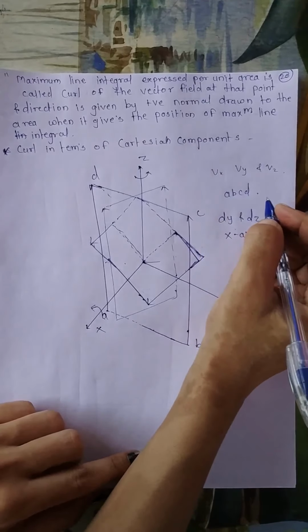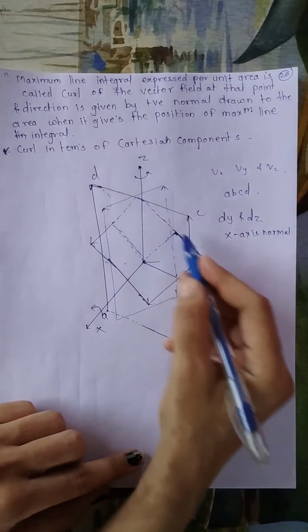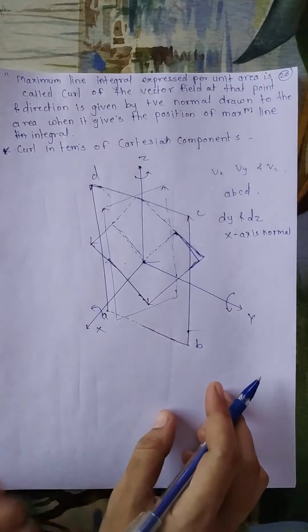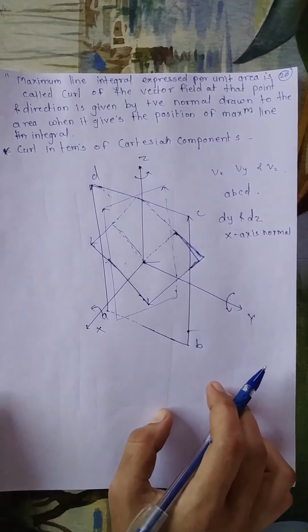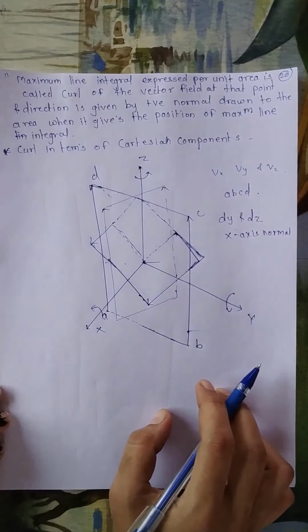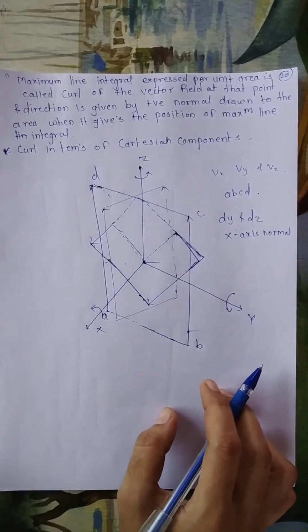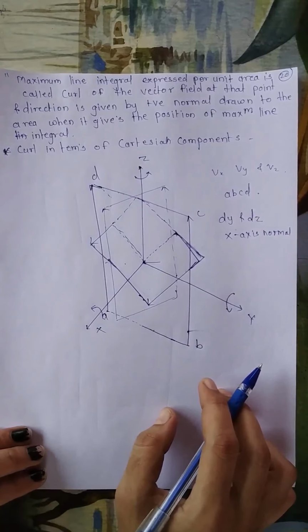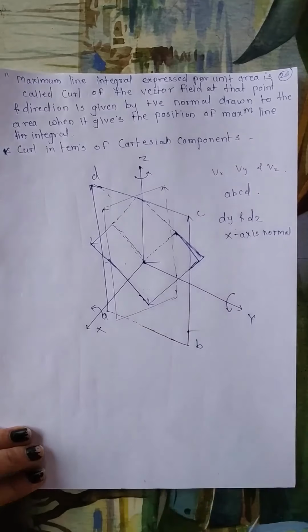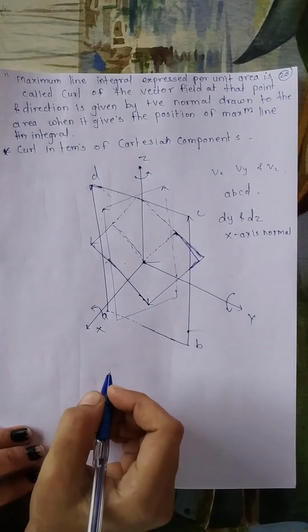If we consider the rectangle as very small, then the numerical value of the component of V bar at the midpoint of any side is taken as the average value along that side. So the magnitudes Vx, Vy, Vz are functions of x, y, z of the middle point, that is the center of this rectangle.